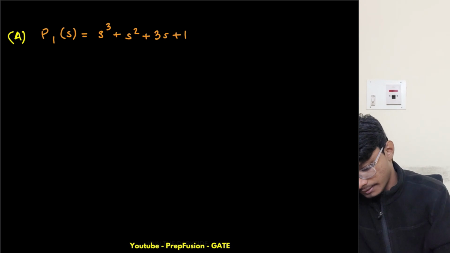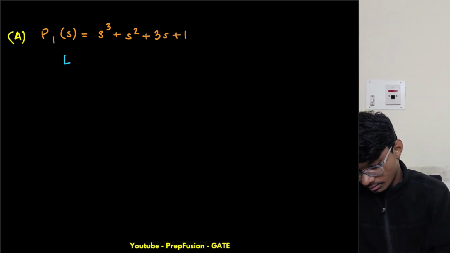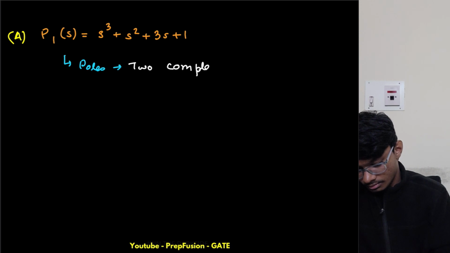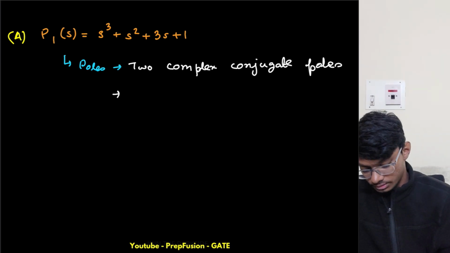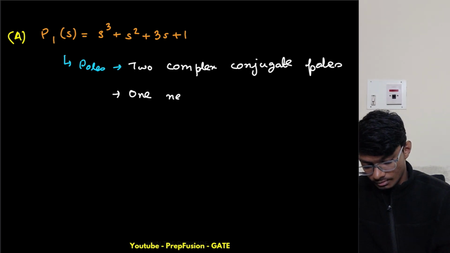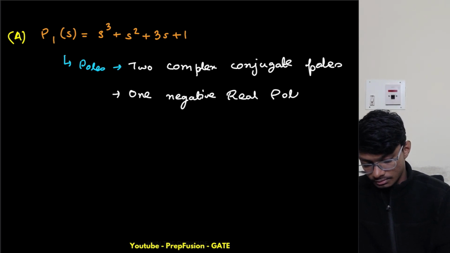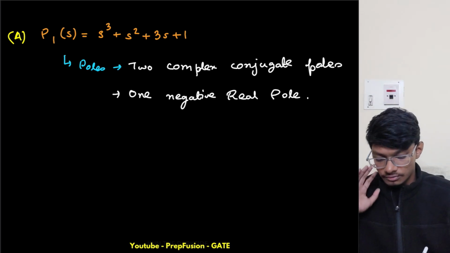So, 2 complex conjugate poles and 1 negative real pole.